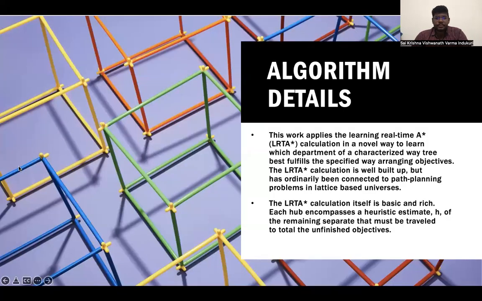And next, the algorithm details. The LRTA* algorithm itself is simple and elegant. Each node has a heuristic estimate h of the remaining distance that must be traveled to complete all unfinished objectives. So at each step of the loop, the current node calculates f(c) = h(c) + k(c), where h(c) is the heuristic of the child and k(c) is the cost of moving to the particular child.